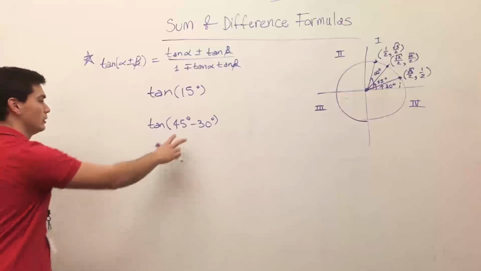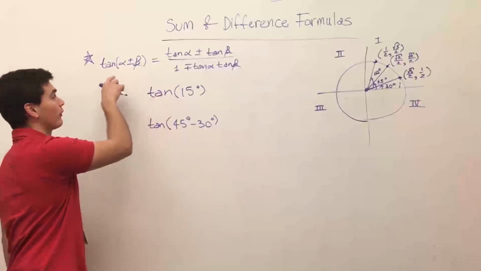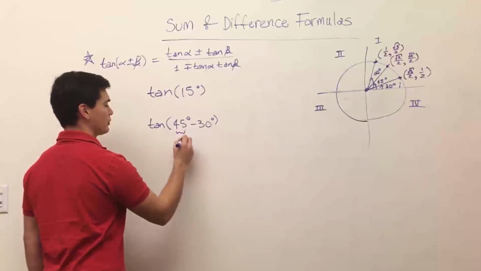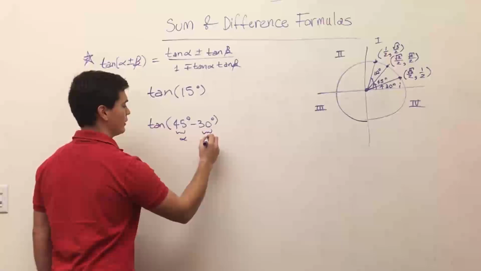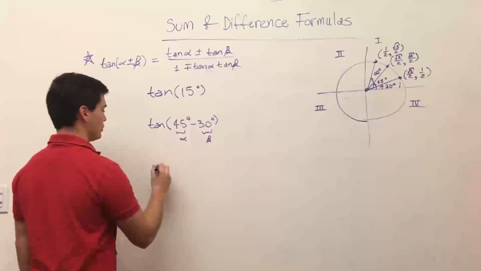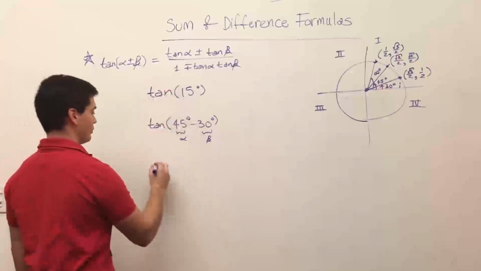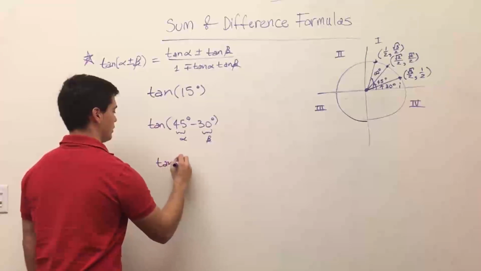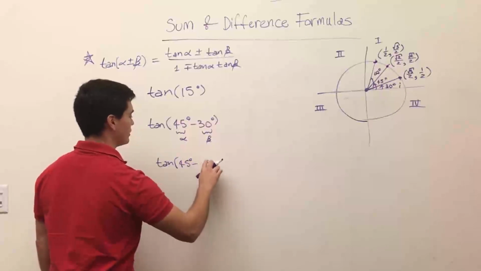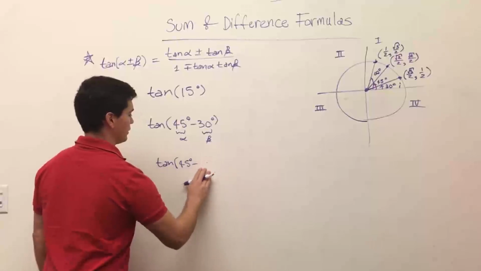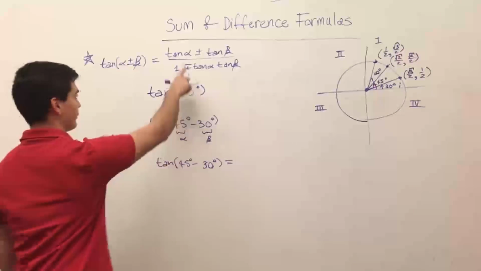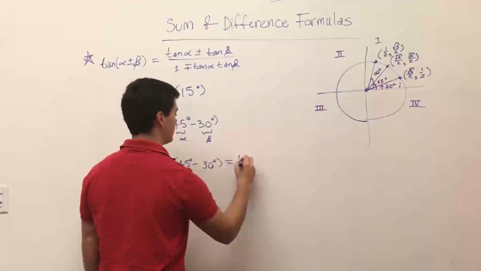Now it fits the form of our general formula. This value is alpha, and this value is beta. So now we can substitute these values into our equation up here. The tangent of 45 degrees minus 30 degrees is going to be equal to the tangent of alpha.